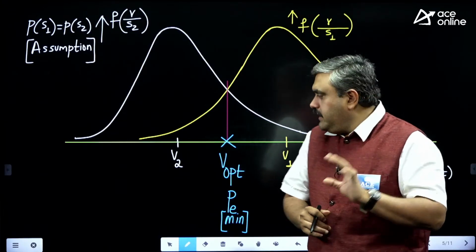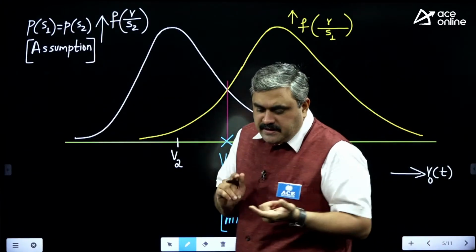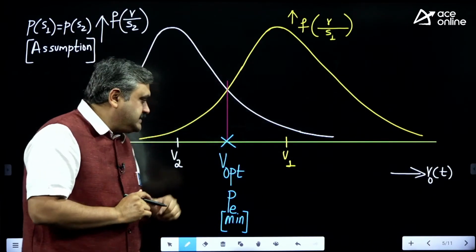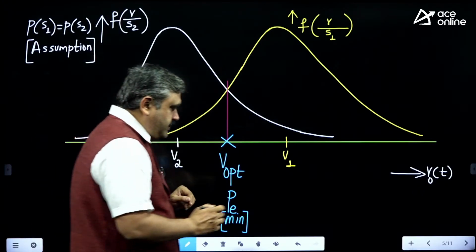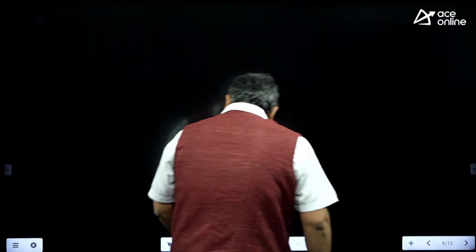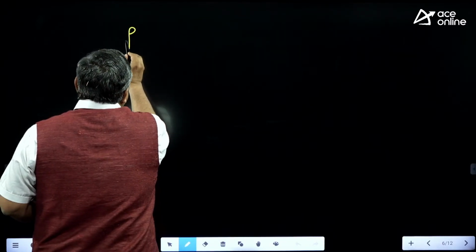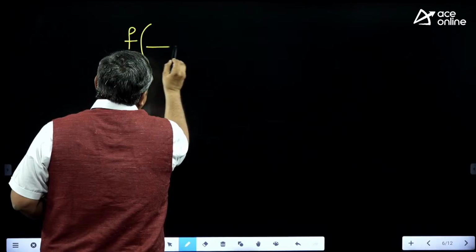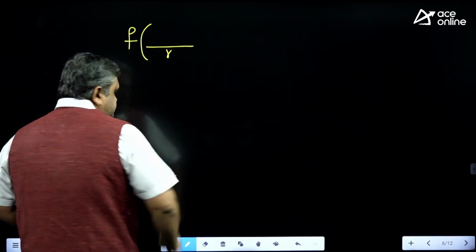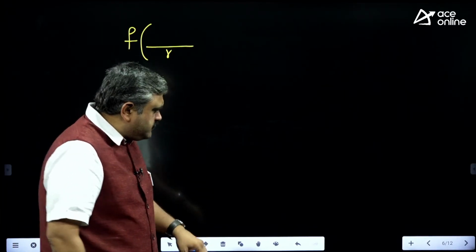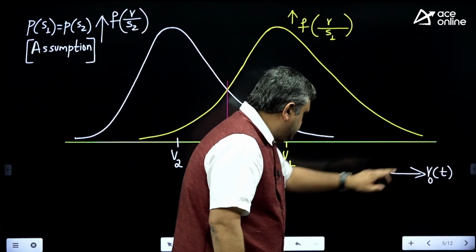Clear? Now, what is the statement this MAP algorithm tells? Observe this point carefully. For all the values of the received signal, means R. I am actually writing this as R0, don't get confused.